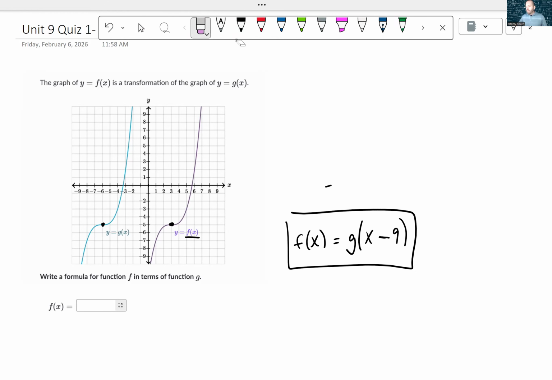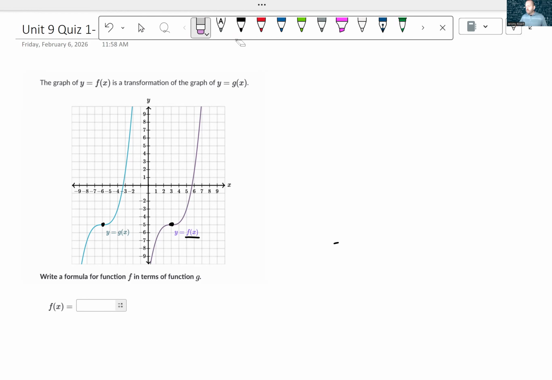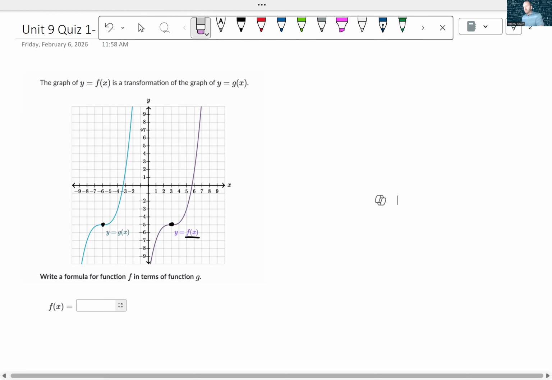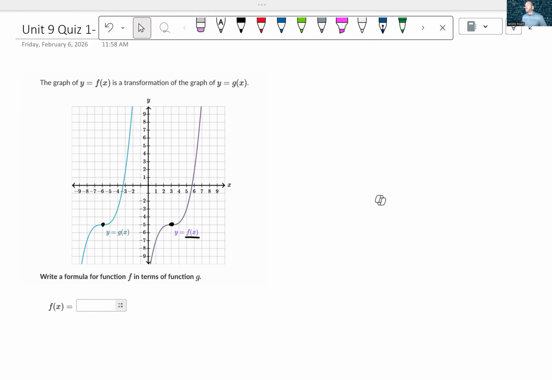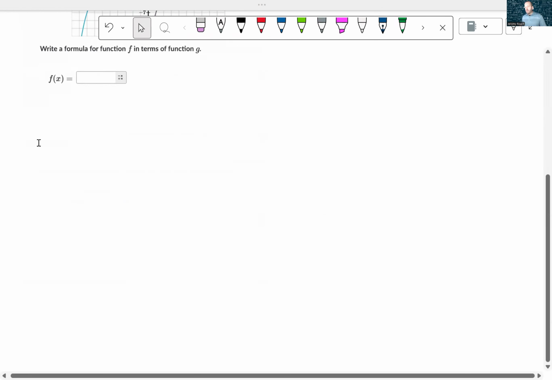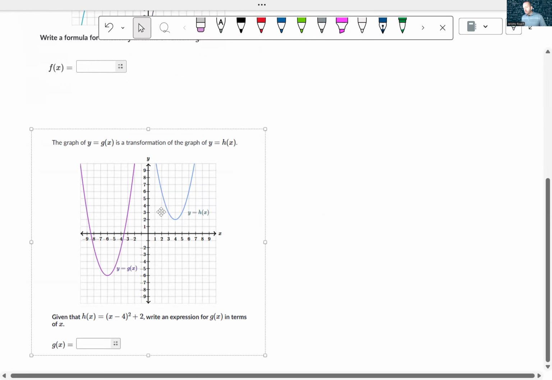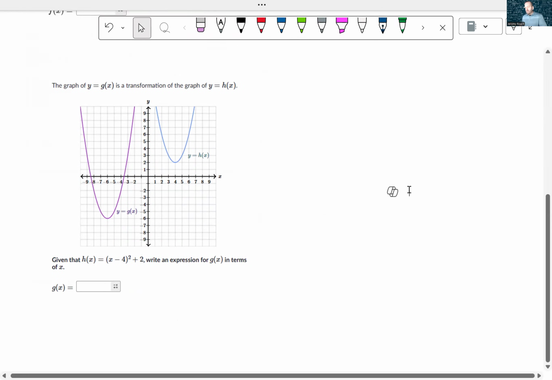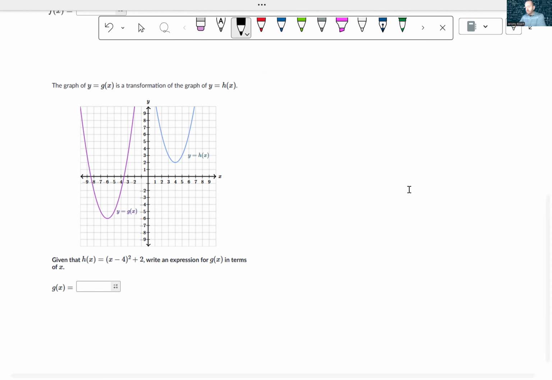Let's look at a couple other of these. I think if we do a few more, it will make a little bit more sense. So this next one gives us an equation. The first one here, we didn't have an equation. Now, if we have an equation, it says that h of x is x minus 4 squared plus 2. That's this graph here.